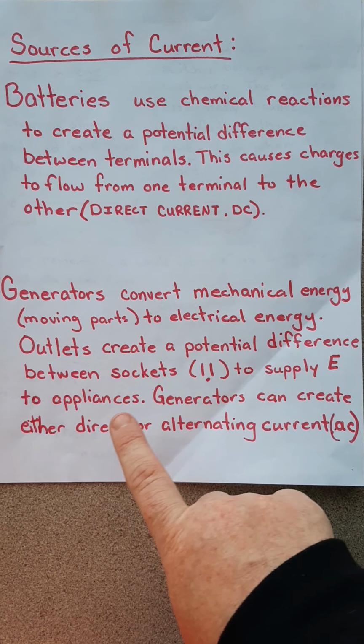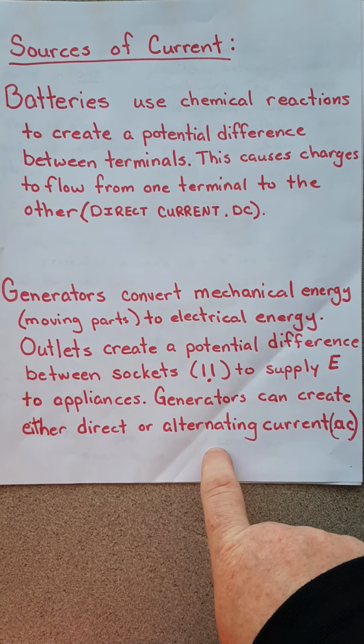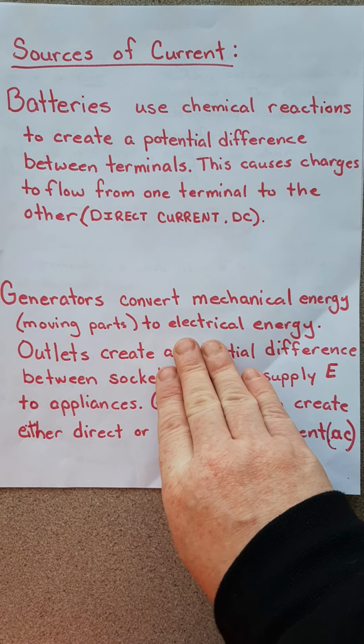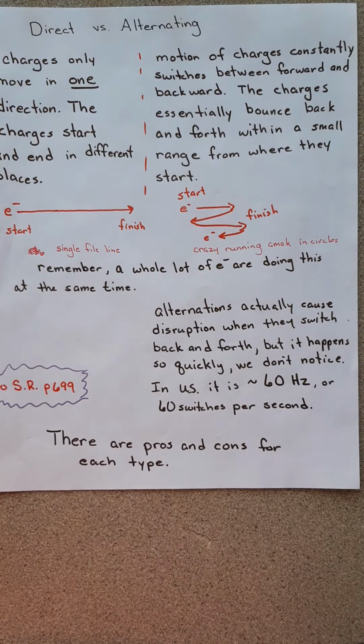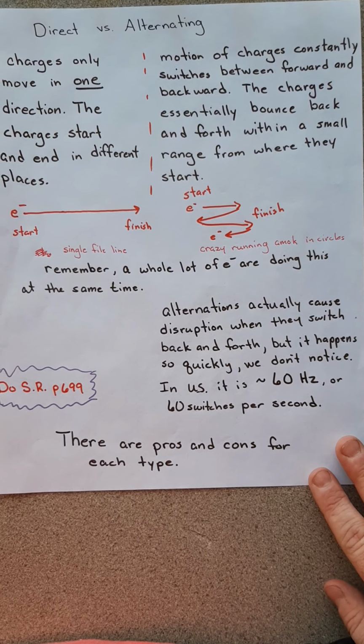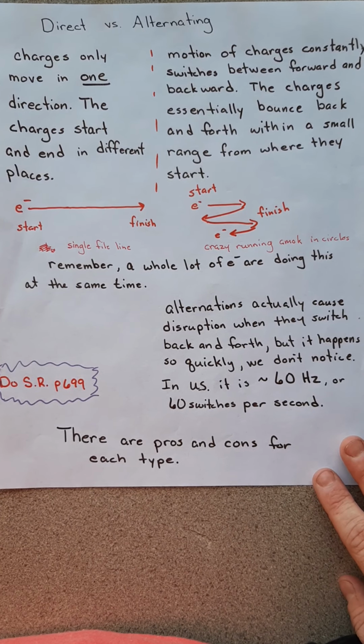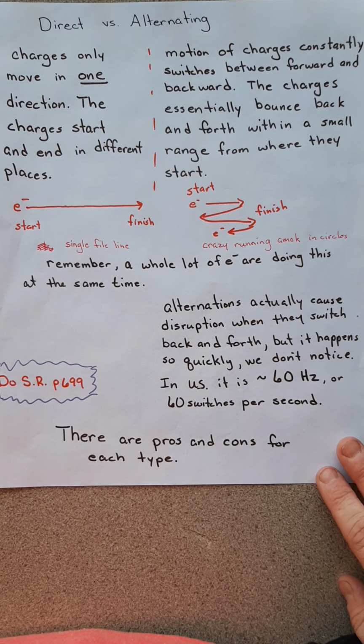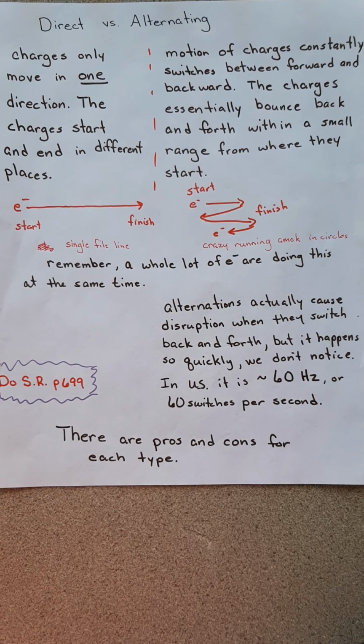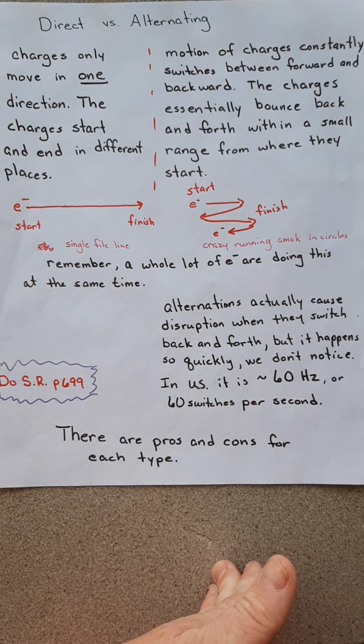Generators can actually create direct current or alternating current. So what is direct versus alternating current? I do know why they came up with these names. They make sense. Direct current is when charges move in only one direction. This also accounts for positives all moving one direction, negatives also moving the opposite direction.